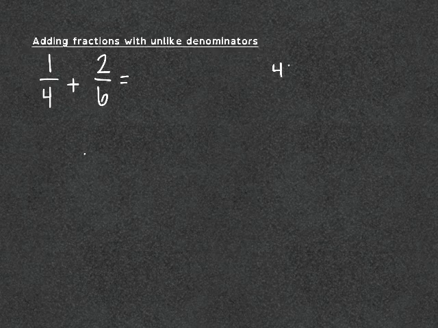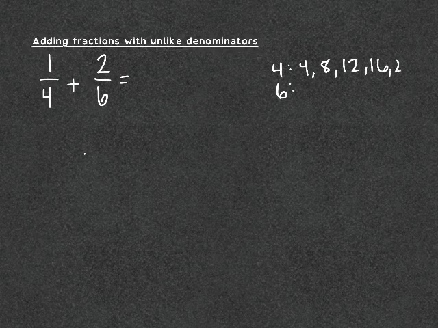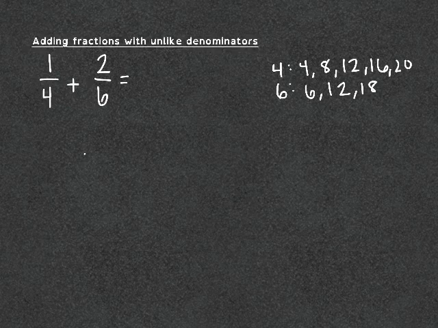So on the side, I'm going to find the multiples of 4: 8, 12, 16, 20. Some multiples of 6: 6, 12, 18. The least common multiple is 12. So that is going to be our common denominator.